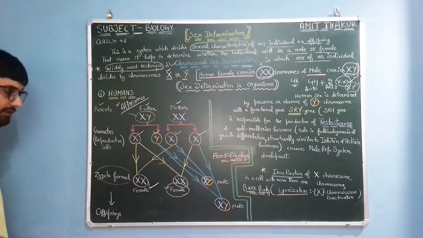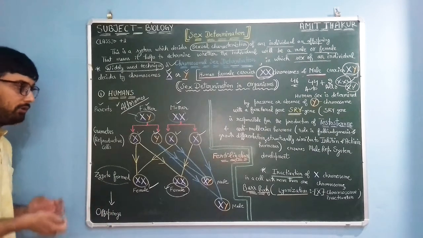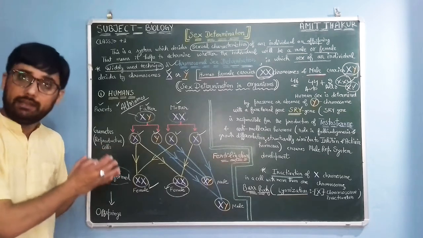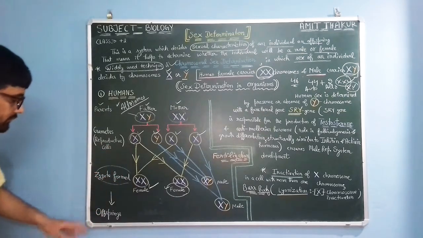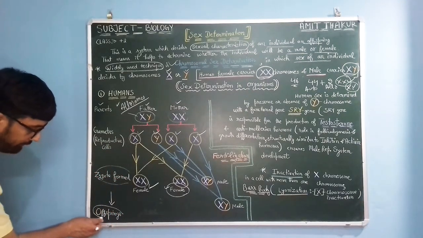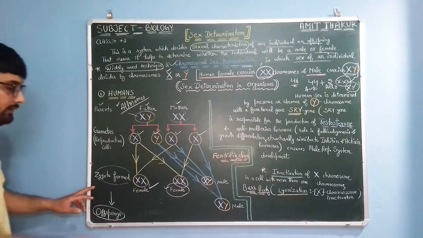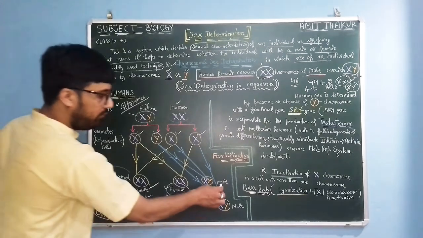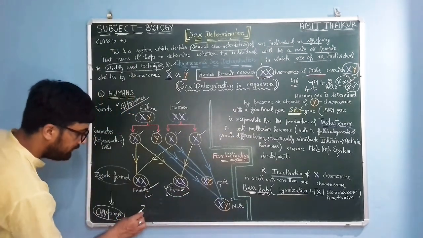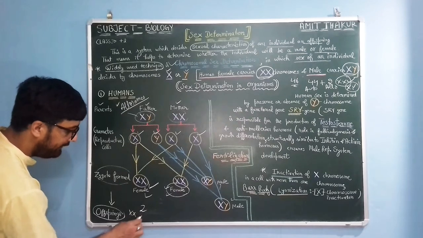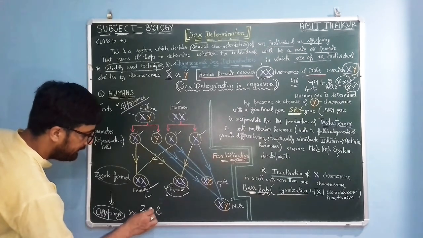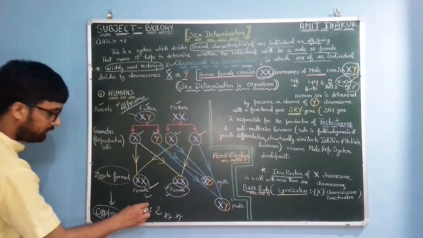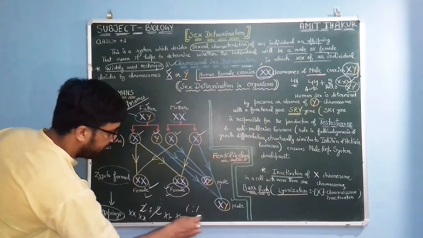The zygote is formed after fertilization. In the zygote, the chromosome number, which is 46 in human beings, is retained. In the offspring we are witnessing there are two females and two males, meaning two females with XX to two males with XY, so take it as a 1:1 ratio.